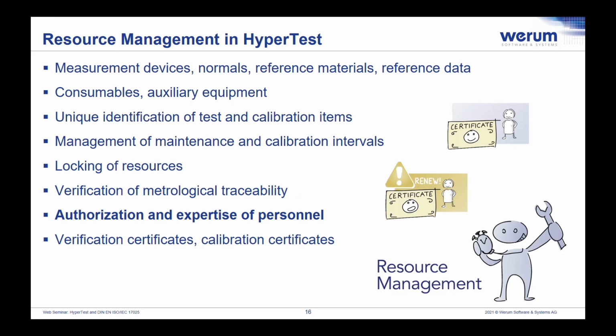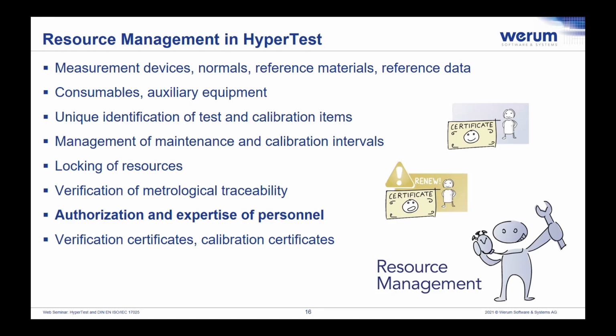In order to ensure that only competent expert staff with suitable qualifications carry out the assigned tasks, it is possible to additionally manage the staff's qualification in the resource management of HyperTest. This includes training or other certificates.